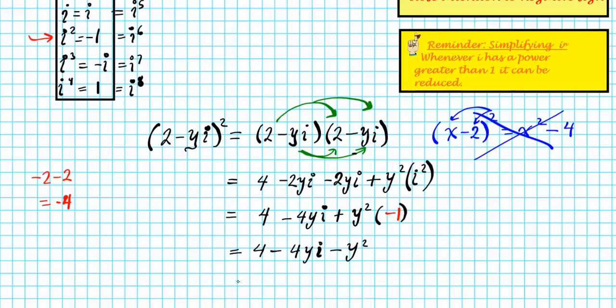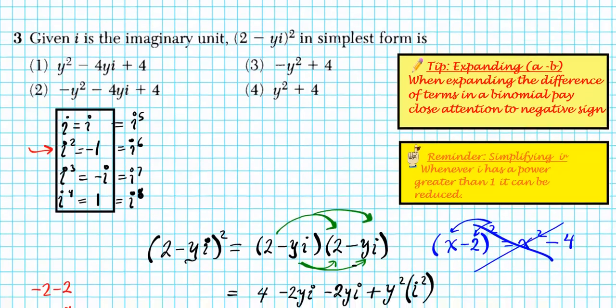And then we can just rewrite it. We're going to have negative y squared minus 4yi plus 4. And our answer, minus, minus, plus, y squared, 4yi, is option number 2.